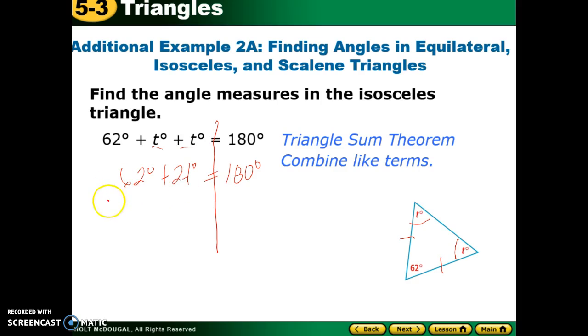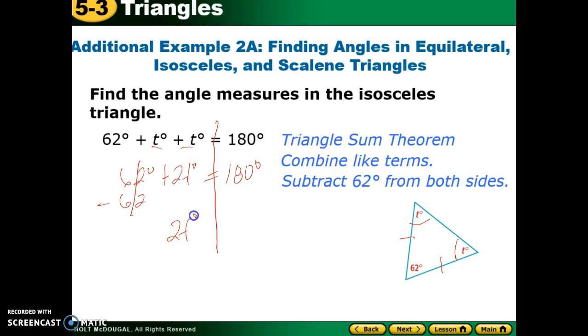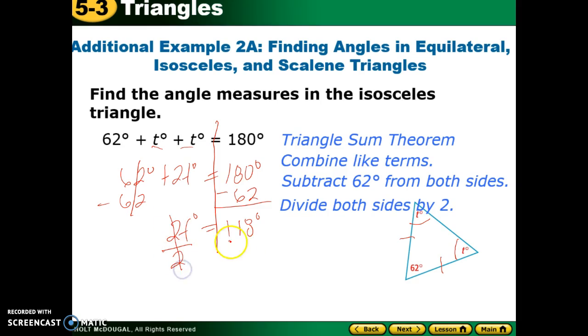All right, I solve for my variable, subtract 62 from both sides. Minus 62, that cancels, so I'm left with 2t equals 180 minus 62, I think it's 118 degrees. And then next, I need to divide both sides by 2 to get rid of that 2.